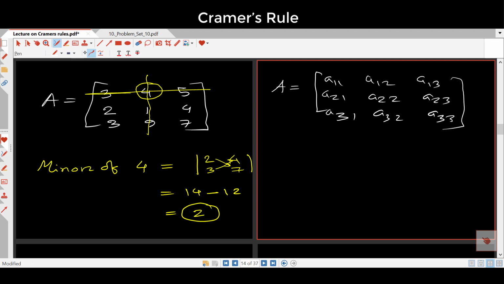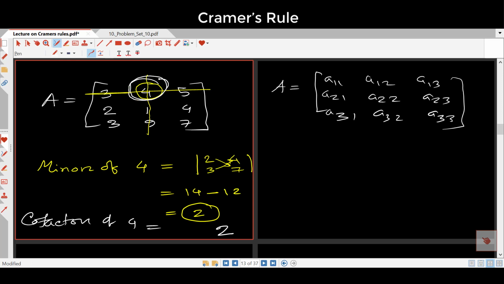So if we now have to find the cofactor of this 4, that is also 2, but before 2, is it plus or minus? That we have to determine. That can be determined by a technique. Have a look at this 4. What is its position? It is at 1, 2. That is first row, second column.